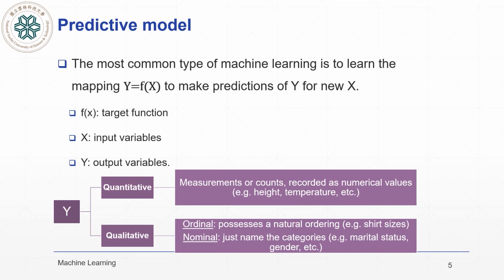The most common type of machine learning is to learn the mapping y equals f(x) to make predictions of y for new x. What is f(x)? What is x and what is y? f(x) is the target function. x is called the input variable and y is called the output variable.